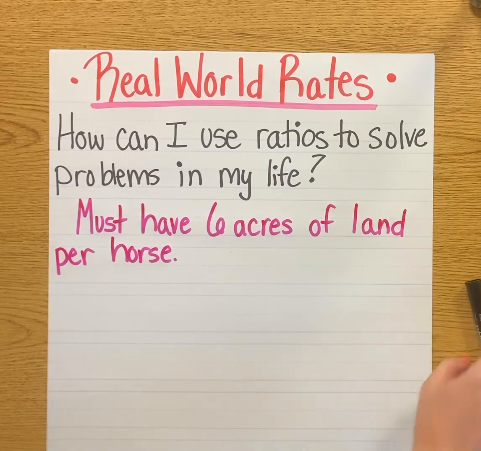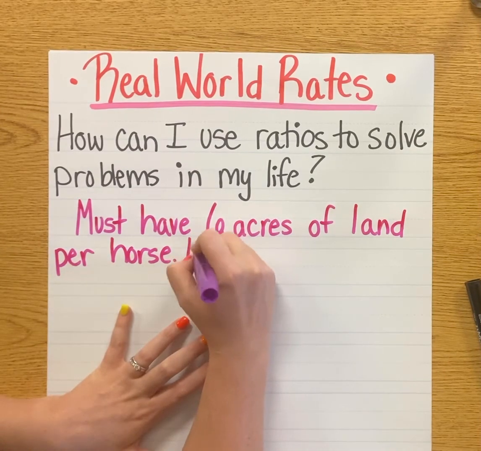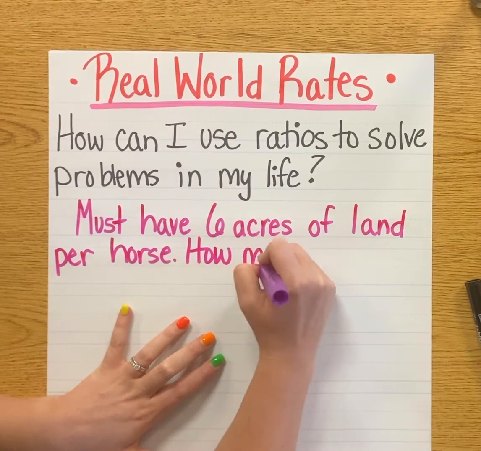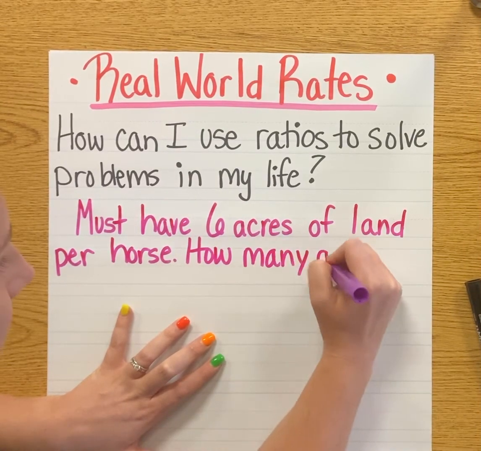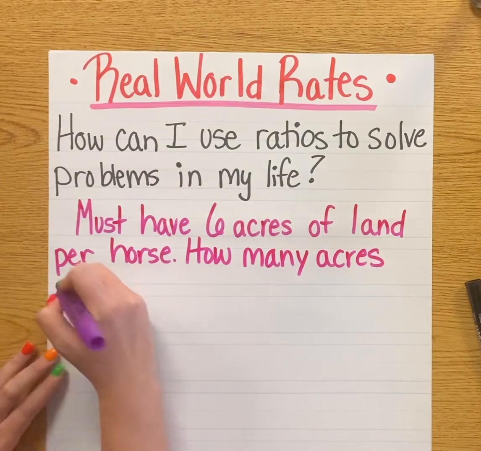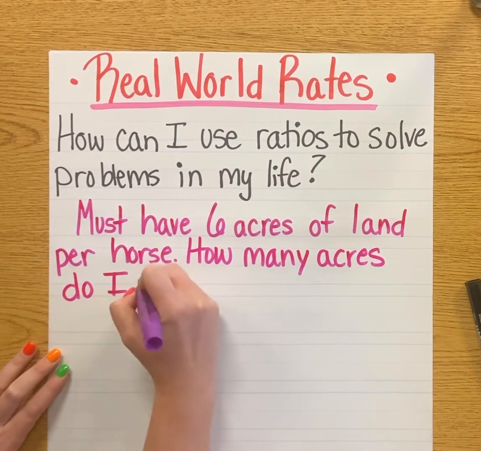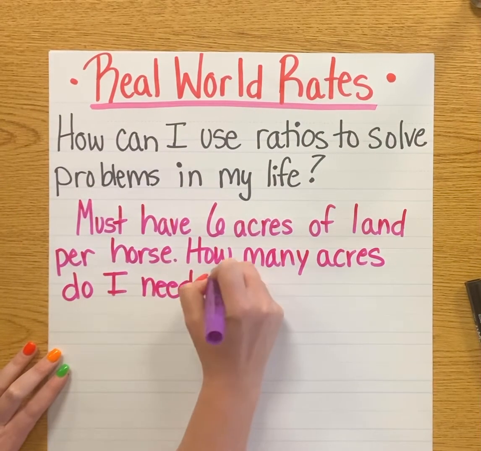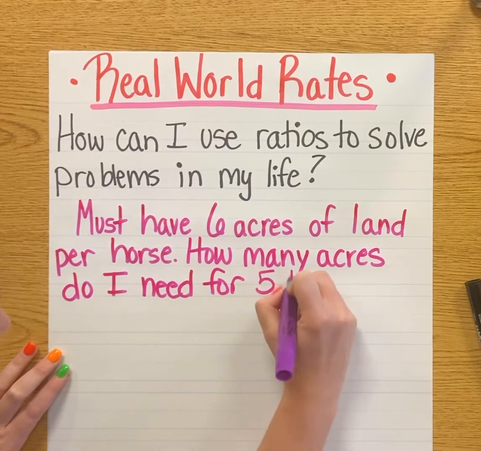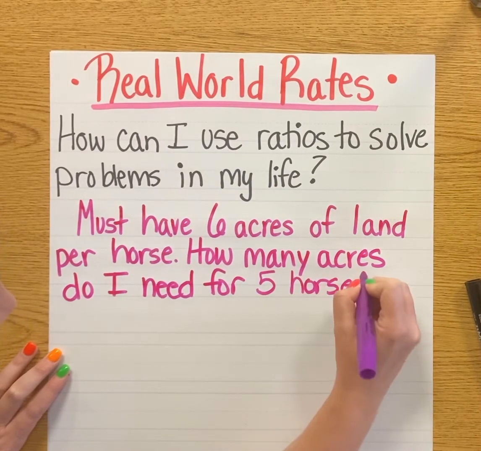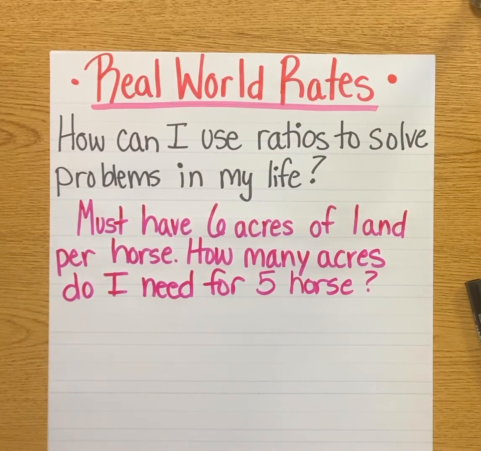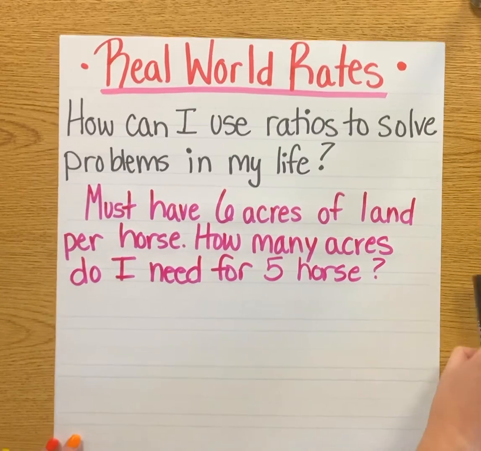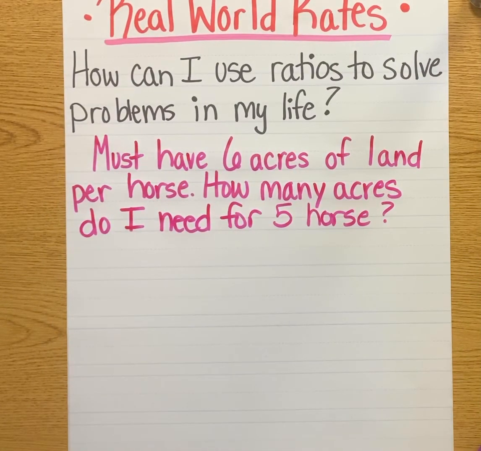So I need to know, if I want 5 horses, how many acres would I need? Okay, so in order to solve this, I am going to do it in a chart.